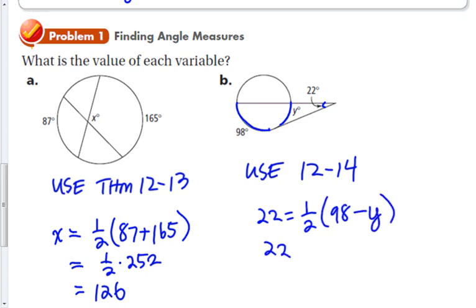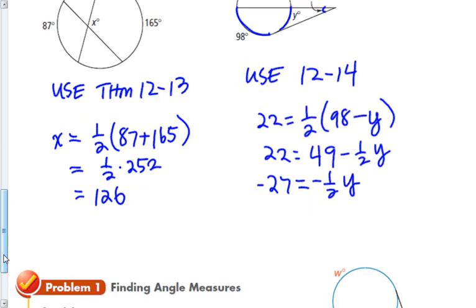And then simplifying that, we get 49 minus 1/2 y. Subtracting, 22 minus 49 gives us negative 27 equal to negative 1/2 y. Multiplying both sides by negative 2 gives us y is equal to 4. All right, you try that.